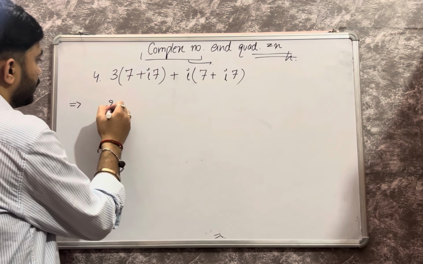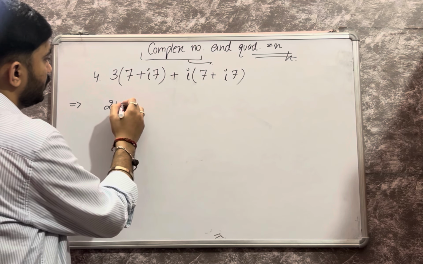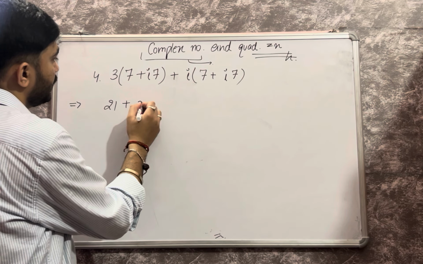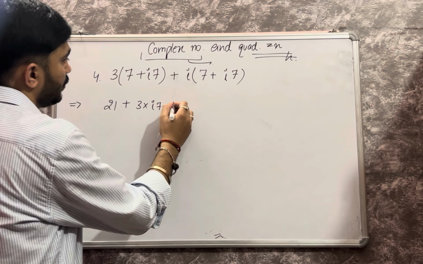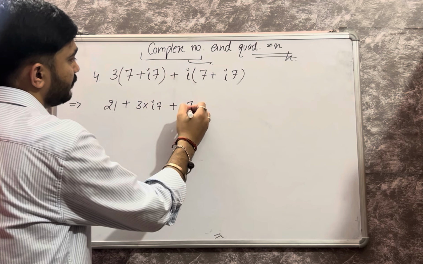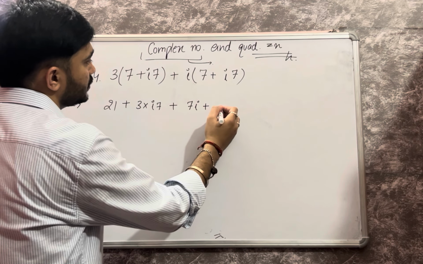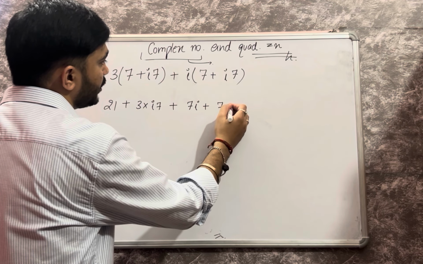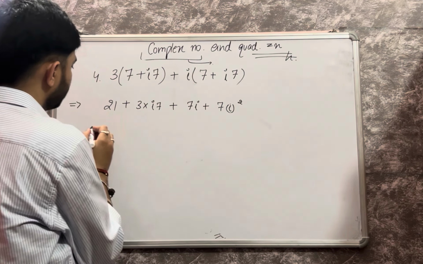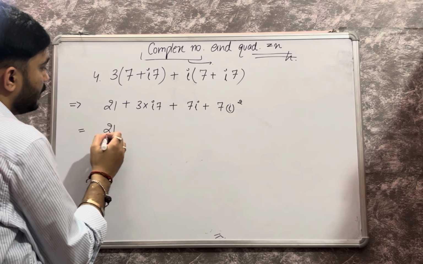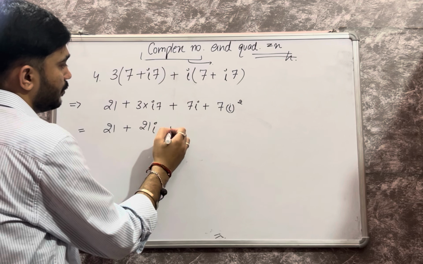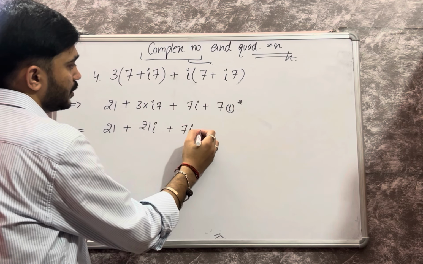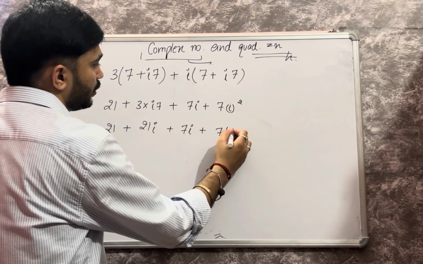You will get 7 into 3 is 21 plus 3 into iota 7 plus iota into 7 is 7 iota plus 7 into iota is iota into iota is iota square. Here you will get 21 plus 3 into 7 is 21 iota plus 7 iota plus 7 into iota square.